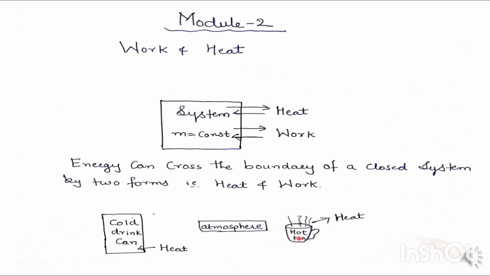When the temperature of the tea as well as the temperature of the atmosphere are the same, heat transfer stops. So this is nothing but the energy transferred in the form of heat. That is, energy is crossing the boundary of the closed system in the form of heat here.